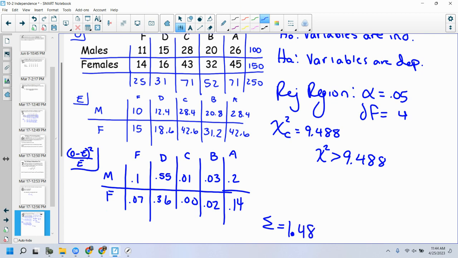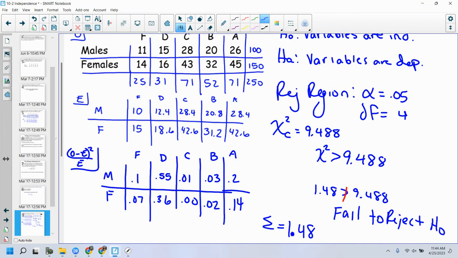Okay, is chi-square greater than 9.488? No. So what's our decision? Fail to reject the null. Is that necessarily saying that these must be independent? No, I just can't say that they're not independent, right?